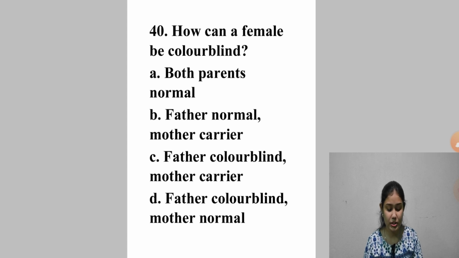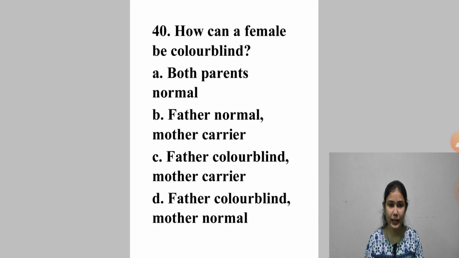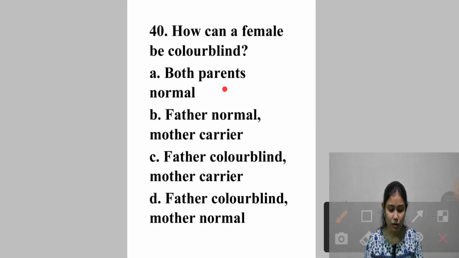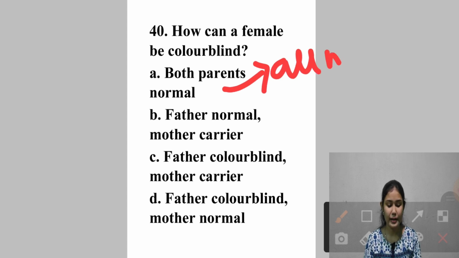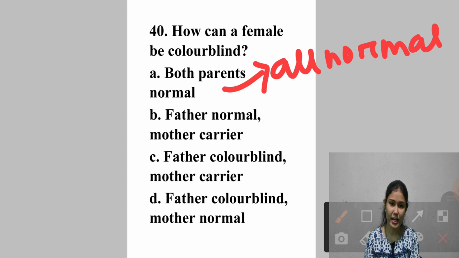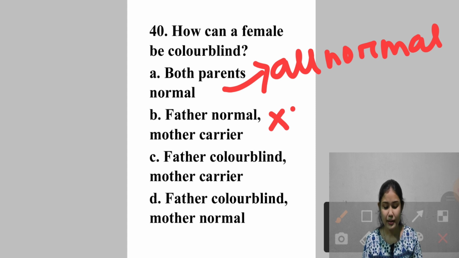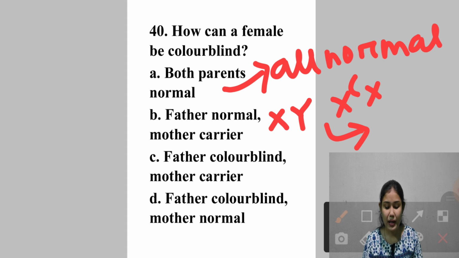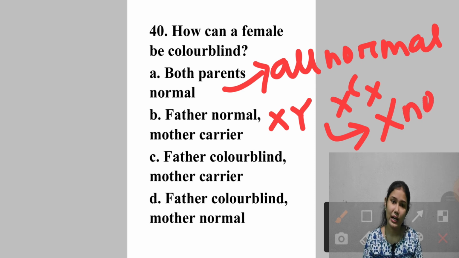Okay, now come to option A. तो हम ये क्रॉस करके देखेंगे. तो दिया हुआ है कि बोथ पेरेंट्स नॉर्मल है, तो जो भी ऑफस्प्रिंग आएंगे ऑल विल बी नॉर्मल. ओके, फिर दिया हुआ है कि फादर नॉर्मल एंड मदर इज कैरियर. ओके, सो वी विल टेक हेटेरोजाइगस कंडीशन, दैट इज फादर XY एंड मदर XCX. ओके, तो यहाँ पे फीमेल कलर ब्लाइंड नहीं हो रहा है. ओके, इट विल बी कैरियर, राइट, एंड द मेल विल बी कलर ब्लाइंड.